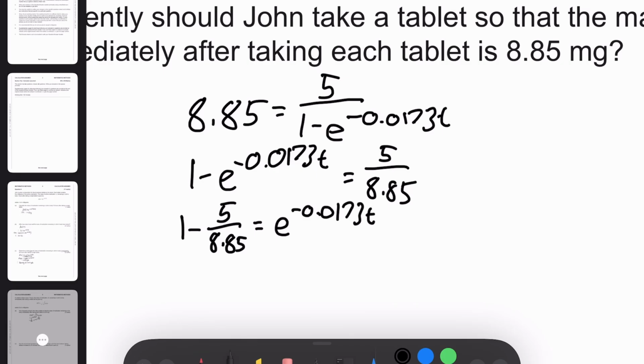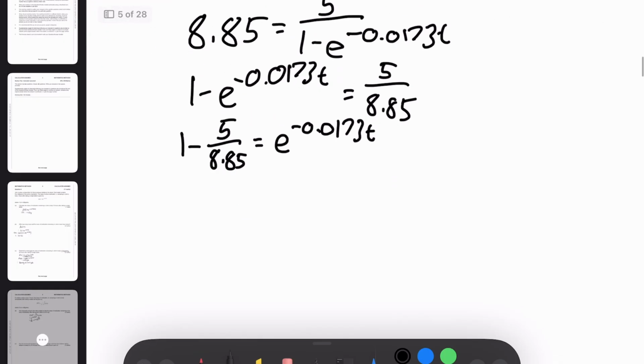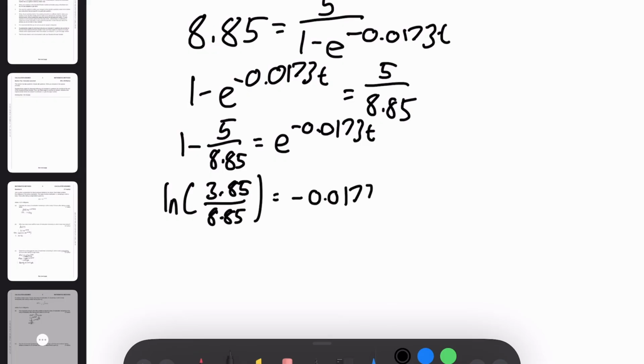Then we will ln everything here. So we'll do ln of this, which we can simplify to 3.85 all over 8.85 is equal to negative 0.0173T.